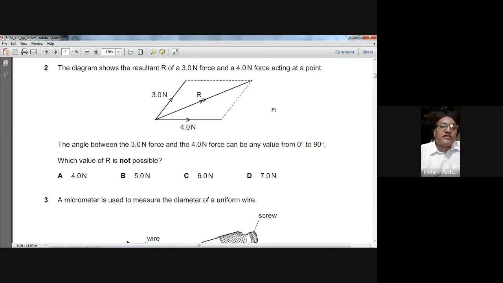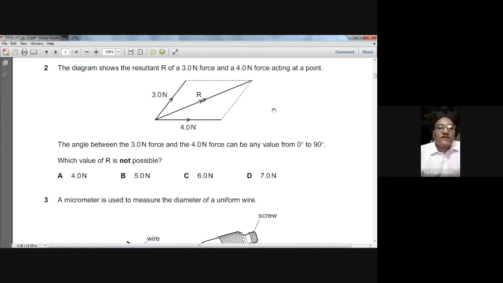If the angle between the 3 Newton and the 4 Newton is 90 degree, then the resultant can be found by applying the Pythagoras theorem, and the resultant will be 5. So when the angle between the two vectors varies from 0 to 90, the resultant will vary from 5 to 7.